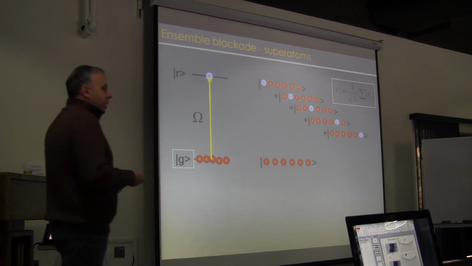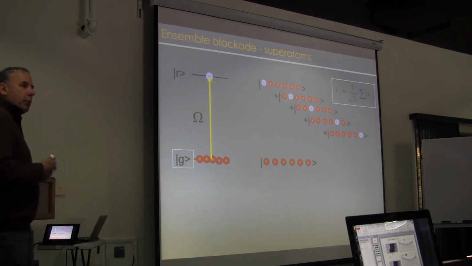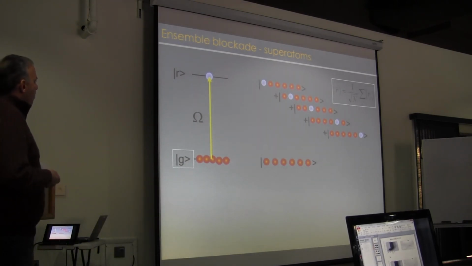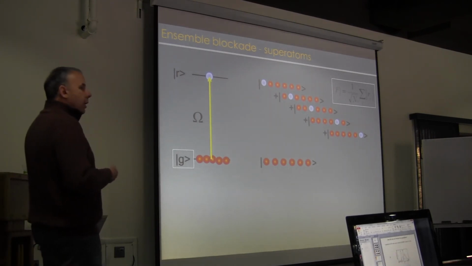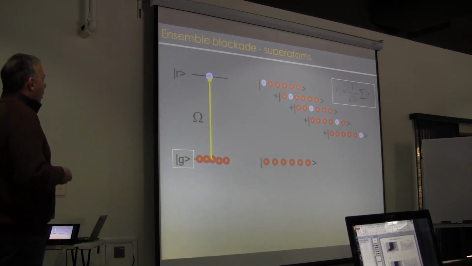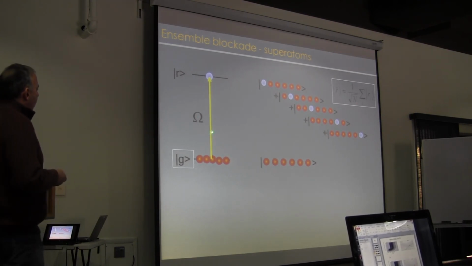Well, if I'm in a situation where I have blockade, we haven't really talked about blockade yet, but if I'm strongly blockaded, due to the interactions between Rydberg excited atoms, I can only excite one Rydberg atom at a time. And therefore, this many-atom ground state will couple to a superposition of these different states, where in each ket, one of the n atoms is Rydberg excited, and all other n-1 atoms are still in the ground state.